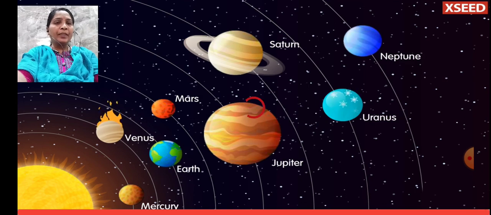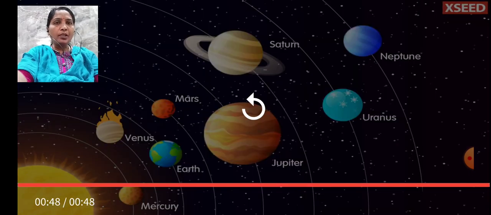Understood, children? And to remember all the planets in the correct order, you can keep a sentence in your mind. That sentence will give you a hint to remember all the planets according to their order. So that sentence is, My Very Elegant Mother Just Served As Naan. My very elegant mother.